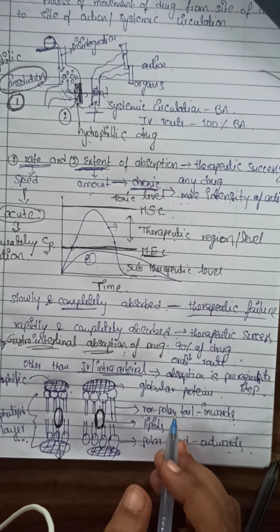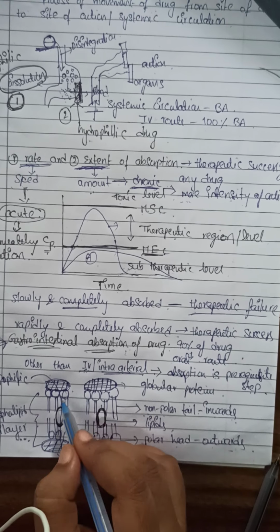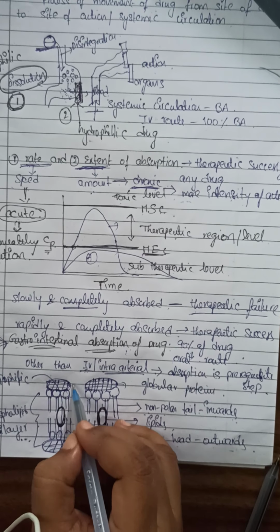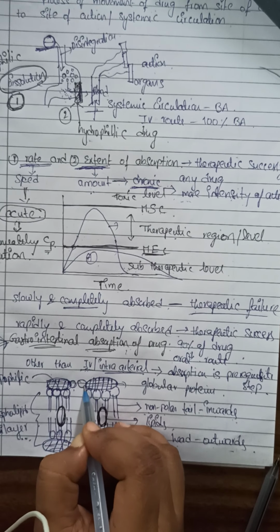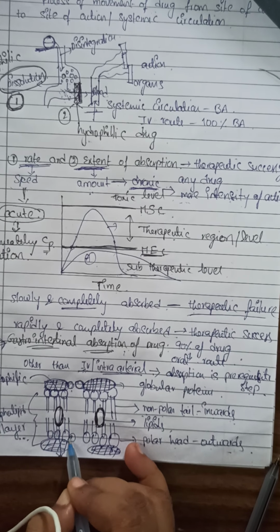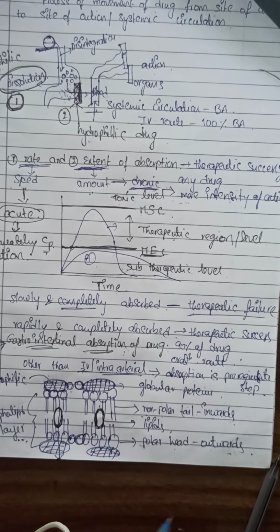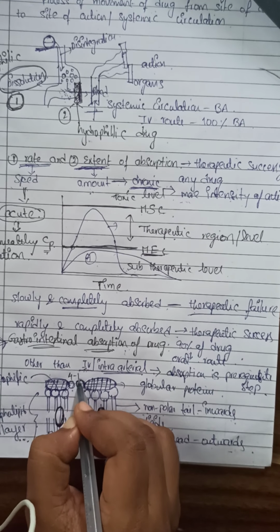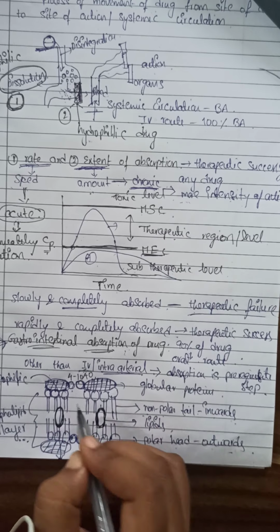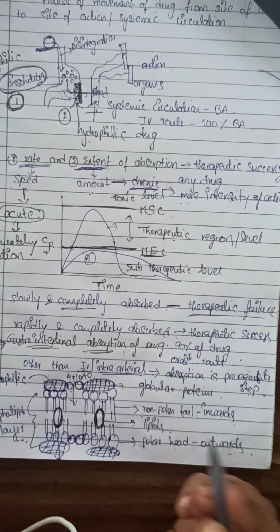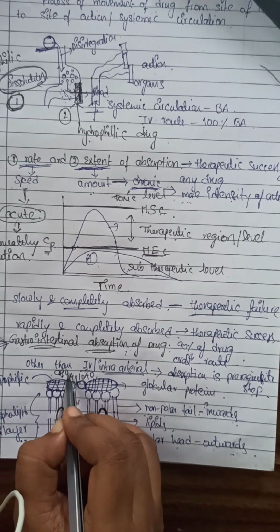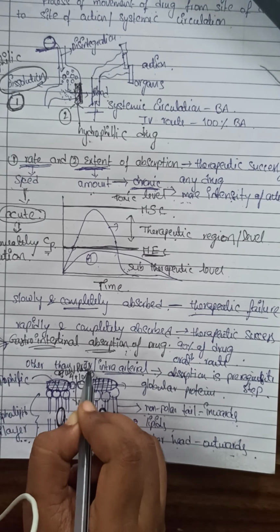The membrane also consists of aqueous pores, which have a diameter of 4 to 10 angstroms.